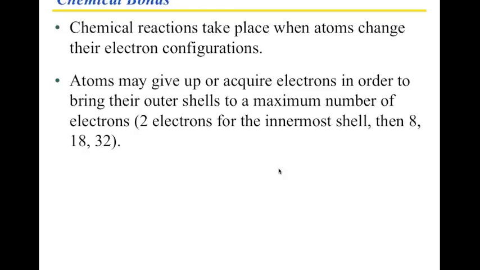Then, because it's now getting a bigger surface area, 18, and then 32. So 2 electrons, 8, 18, 32. And it turns out, this is one of those law of nature kinds of things, that each atom would like to fill its outermost shell. They would like to have their outermost shell filled.